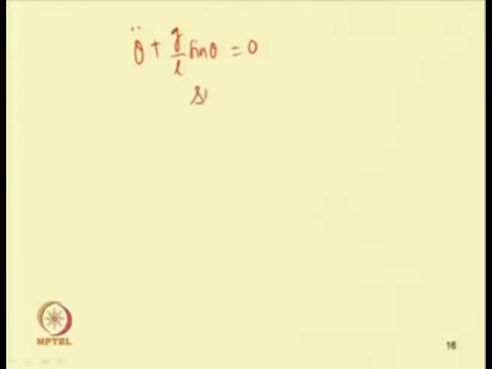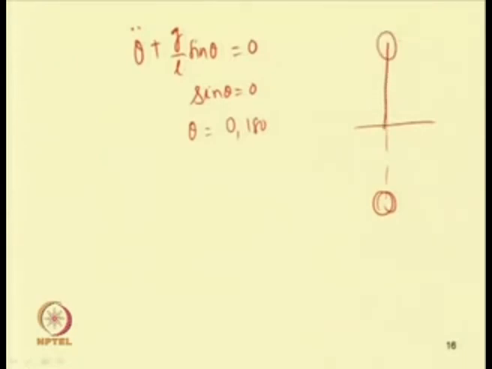So, we have sin theta equal to 0, or theta equal to 0 or 180 degrees. Corresponding to theta equal to 0, this is the position, and corresponding to 180 degrees the pendulum is vertically upward.